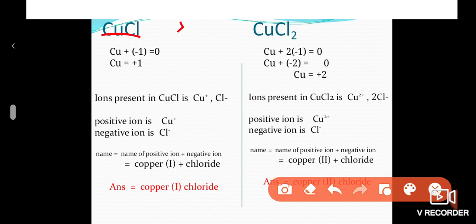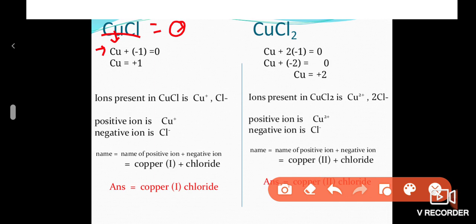So, we know that in an ionic compound, the total net charge should be 0. Positive ion plus negative ion equals total net charge 0. Here, what is the positive ion? Cu. We don't know the valency of copper, so we simply represent Cu.